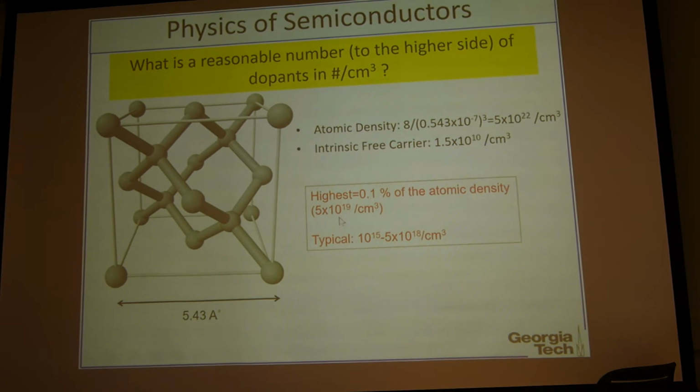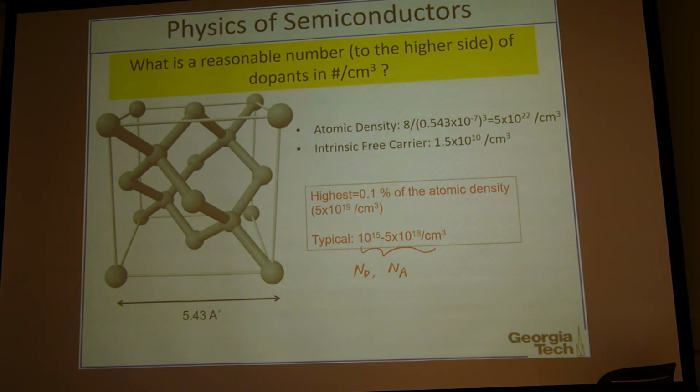Typically the doping density is in the range of 10 to the power 15 to 5 times 10 to the power 18. This is the typical doping density, that ND or NA, depending on the type of doping.